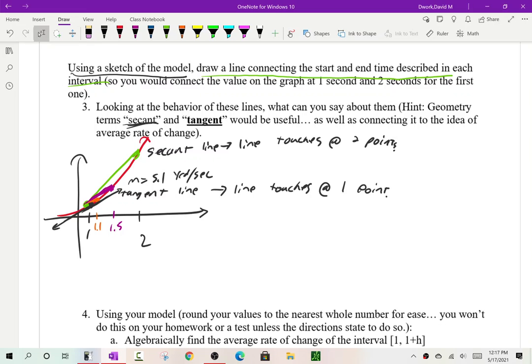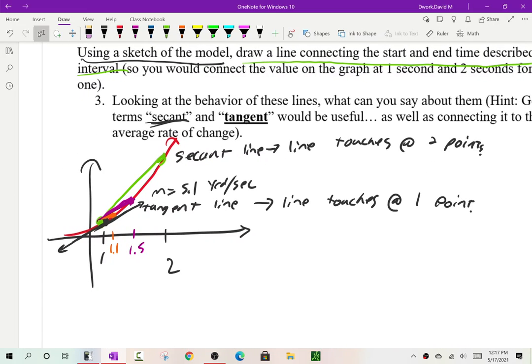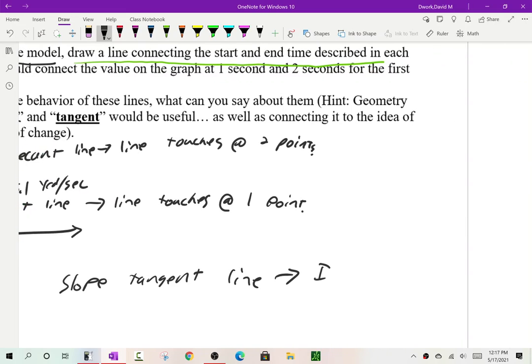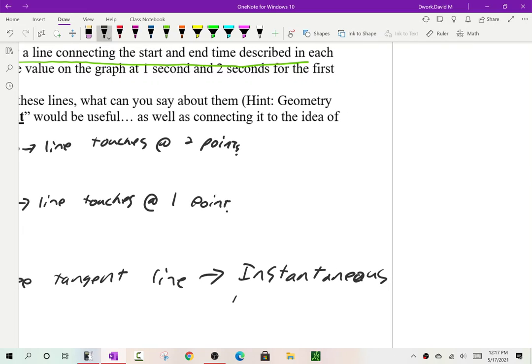Interesting. Okay, so the slope of the tangent line, we already said, is called the instantaneous rate of change. Because what does it mean to be instantaneous?